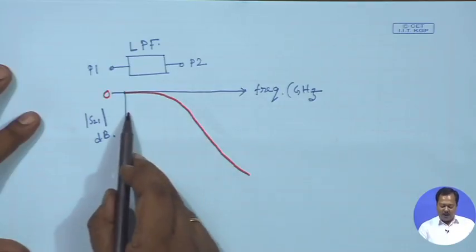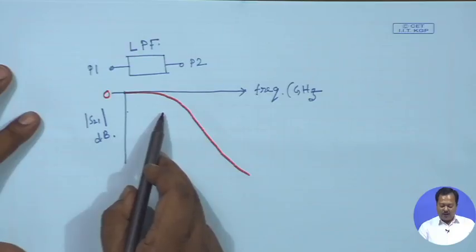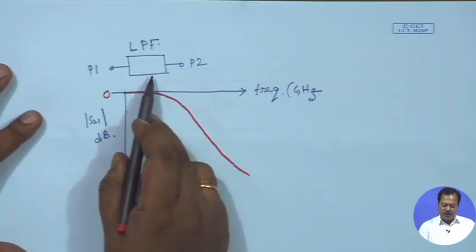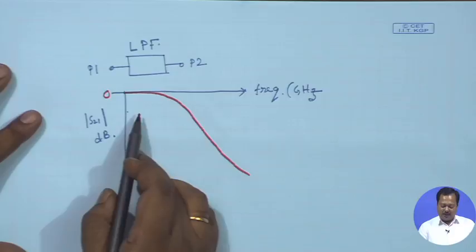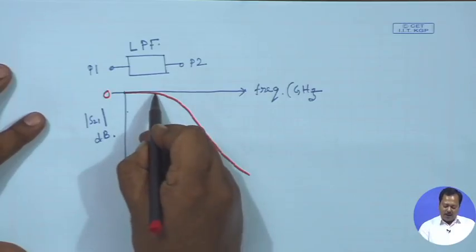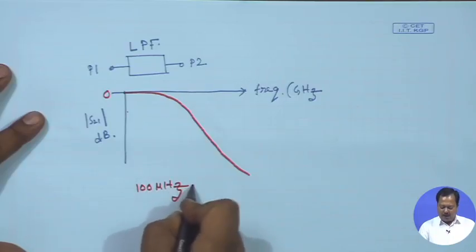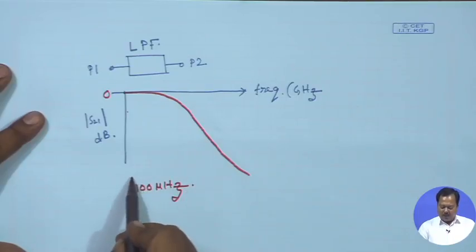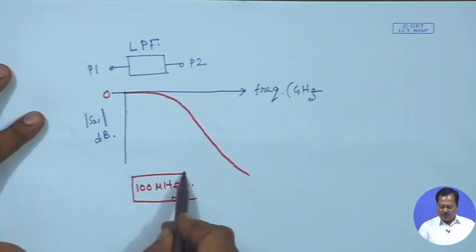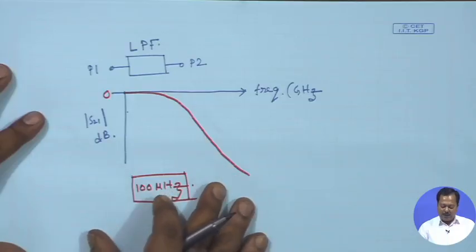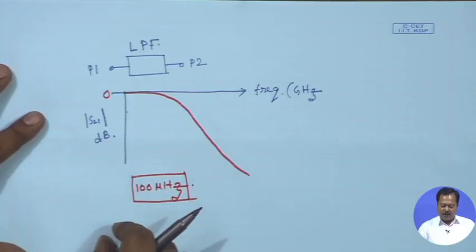Now, how do we define the cutoff frequency? Let us say I am using this low pass filter to separate the IF, and my IF requirement is 100 megahertz. So, the IF bandwidth minimum we need is 100 megahertz. Whatever signal we have is in this 100 megahertz, and we do not want any attenuation for this signal.